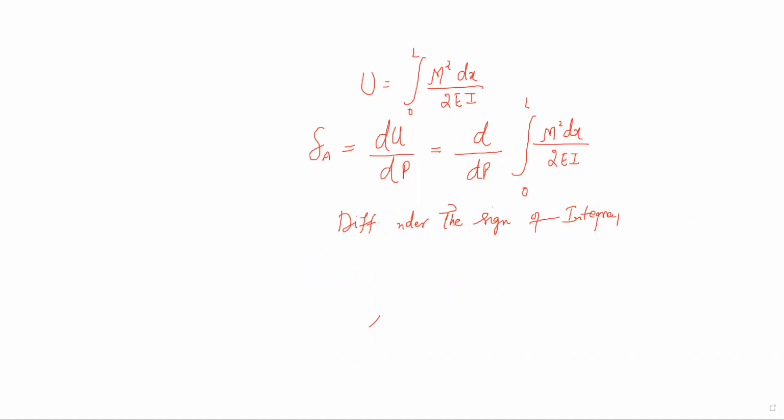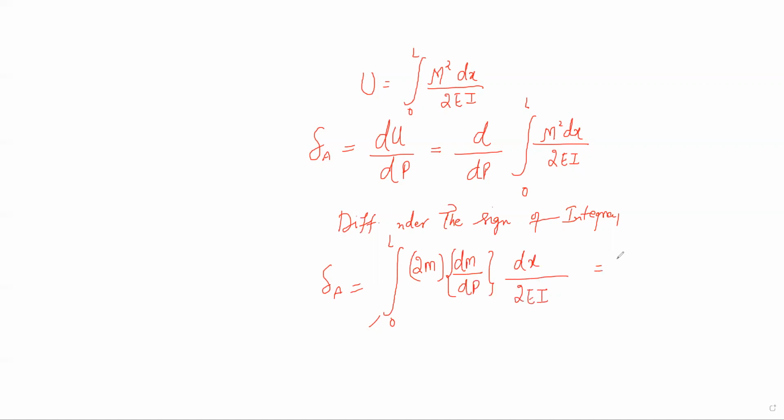Sorry. Once you perform differentiation under the sign of integration, delta A will come out equal to the following. Differentiate the terms inside the integral. So it will be the integral from 0 to L, the differentiation of M square will be 2M, and the internal differentiation, that is dM by dP, and we have our dx by 2EI.